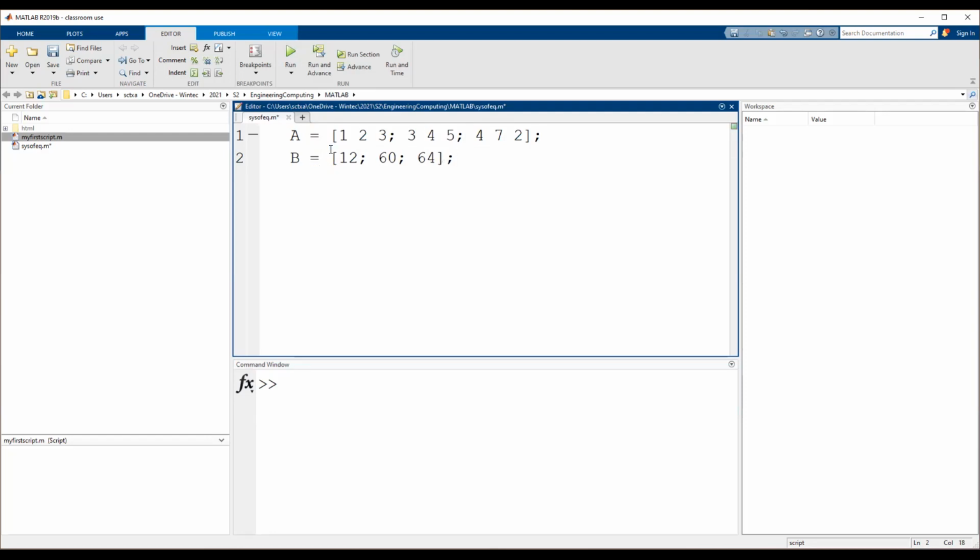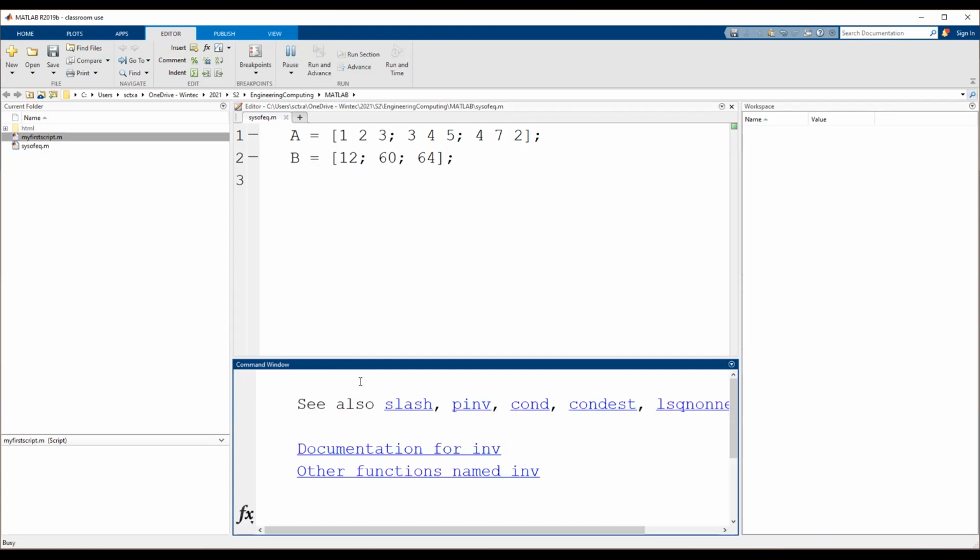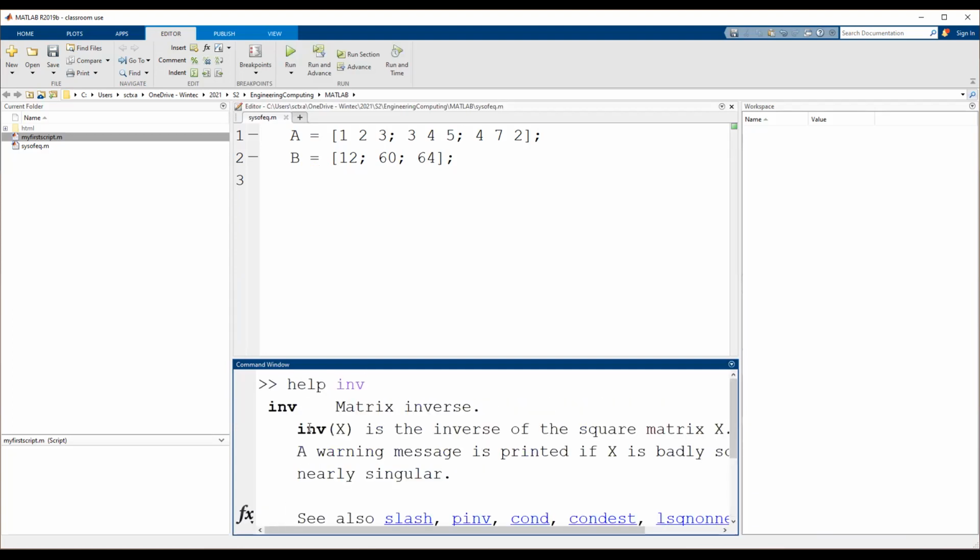We have a few different ways of doing this. So first I will explain how we solve this with the inverse matrix. To obtain the inverse of a matrix, we have the command inv. If you look at the help, you can see it generates the matrix inverse.